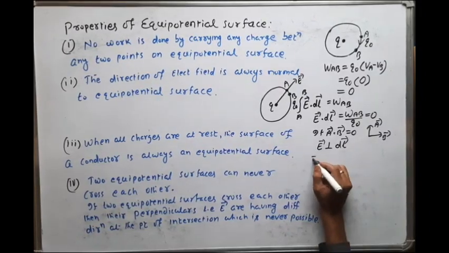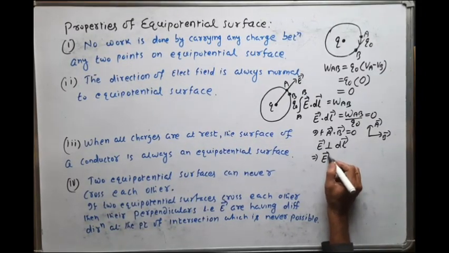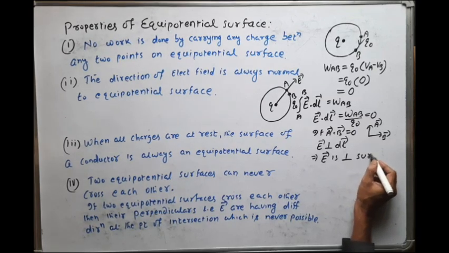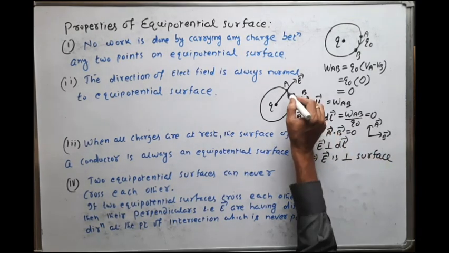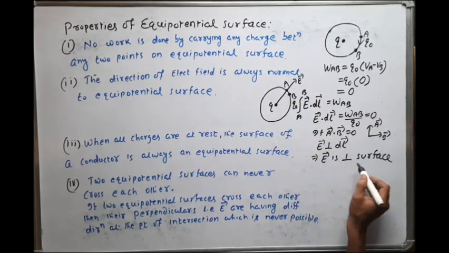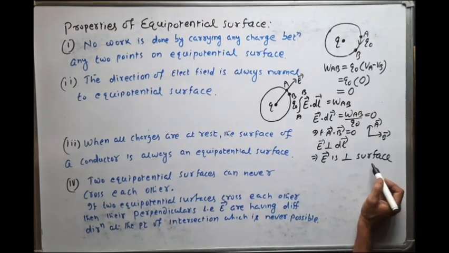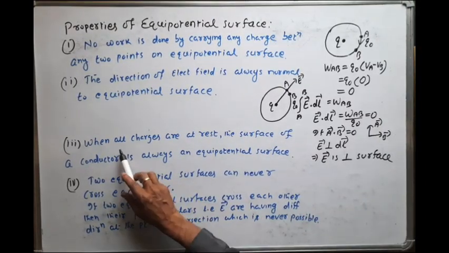That implies the electric field is perpendicular to the equipotential surface, because dl lies on the surface and the electric field must be perpendicular to the surface. So this is the second property. Come to the third property.